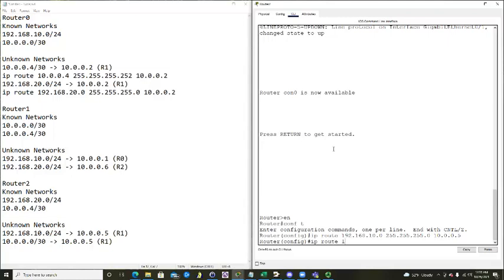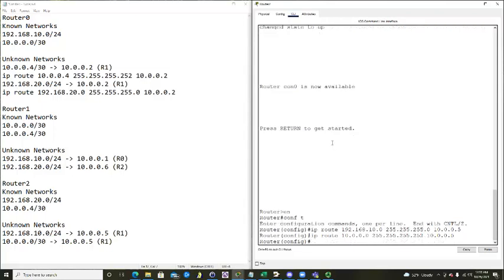And then same thing, we're going to tell it about the 10.0.0.30 network, and we would send it over to router 1 at .5.